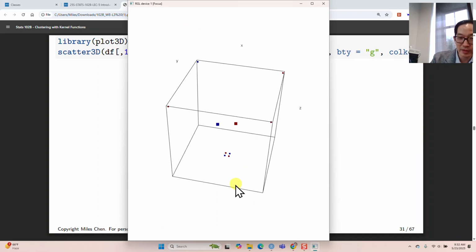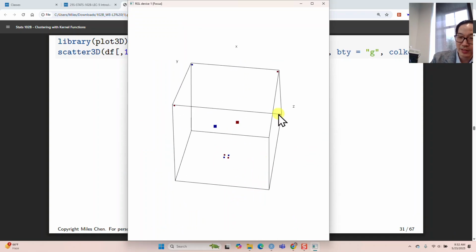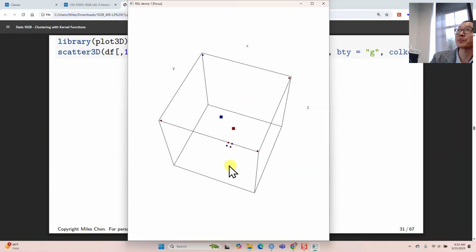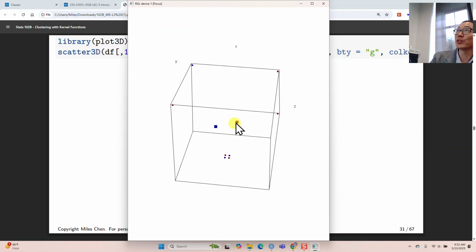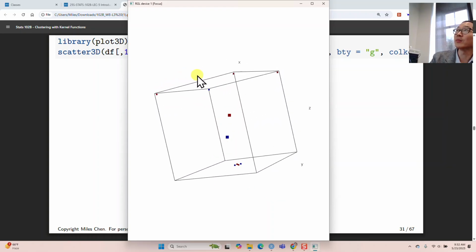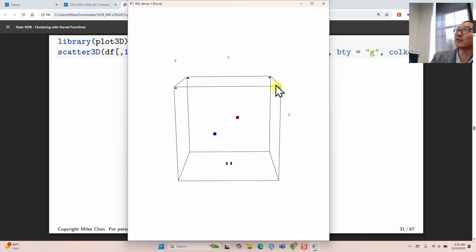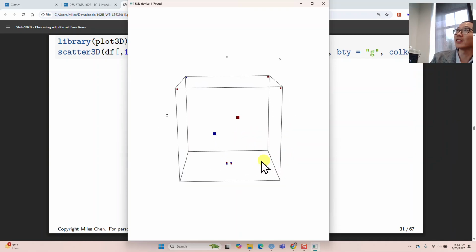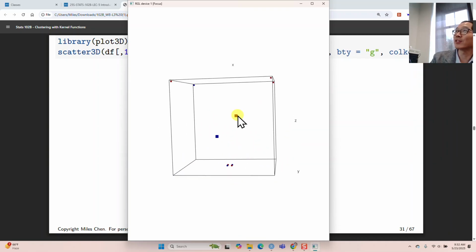This is red, red, red, and then 1 blue point there, 2 red points and 2 blue points. And so this point represents the centroid of the 5 red points in 3-dimensional space. Because we have 3 red points and 2 red points down here, vertically in the z direction, it's pulled closer to the 3 red points.